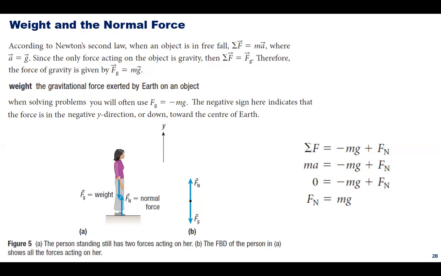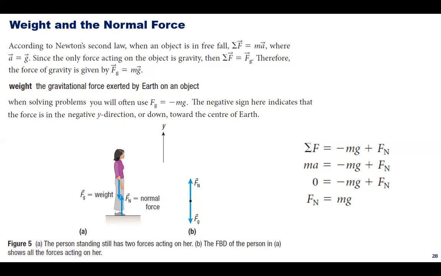Using Newton's second law for components of the force and acceleration along y, we can see that sigma F equals negative mg plus Fn. Fn is normal force. Then sigma F equals ma, right? So put ma there, we can have 0 equals negative mg plus Fn. Then we have Fn equals mg.